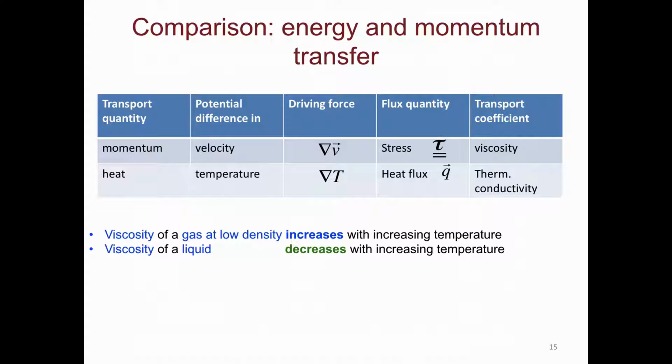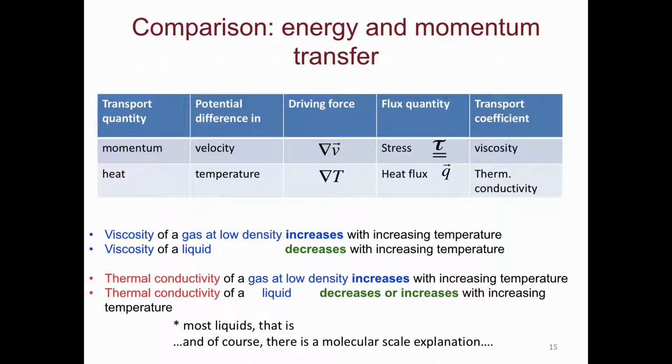So we will look at some very basic kinetic theory to look into thermal conductivity as a coefficient. Let's start comparing. We know that the viscosity of a gas at low density increases with increasing temperature, and for liquid it decreases. For most liquids we're going to have a similar behavior.